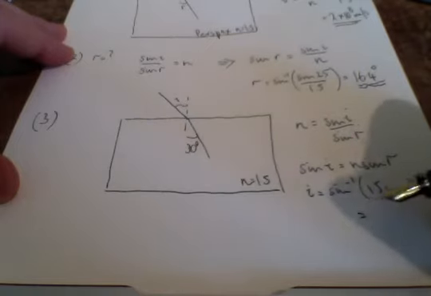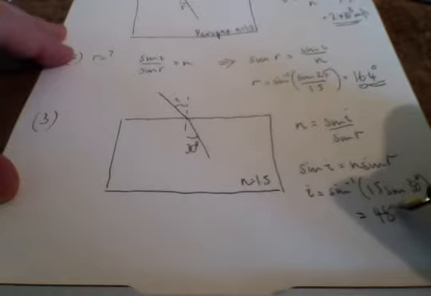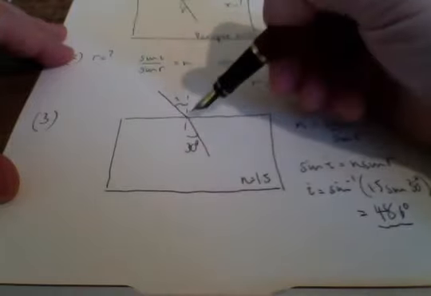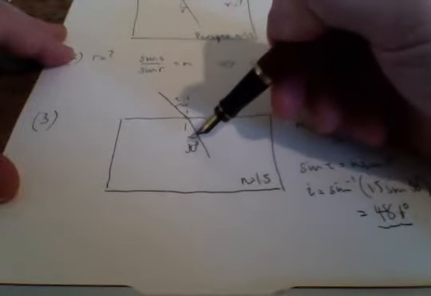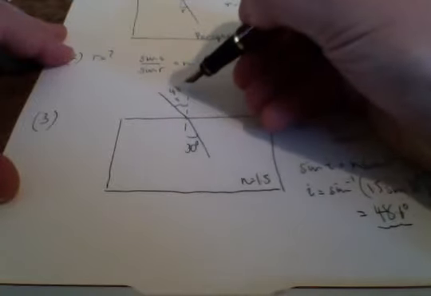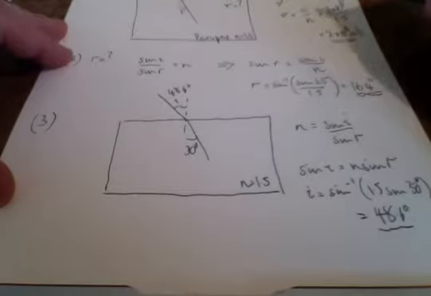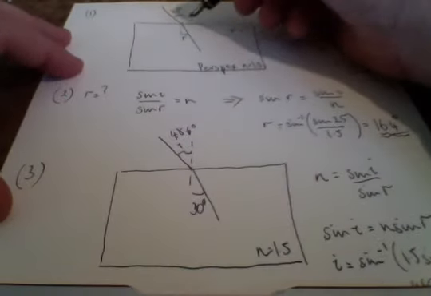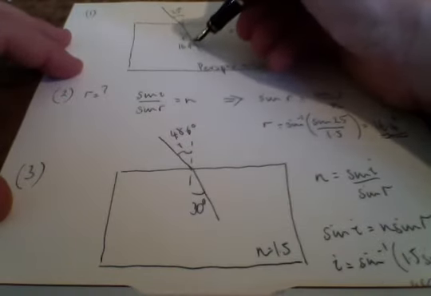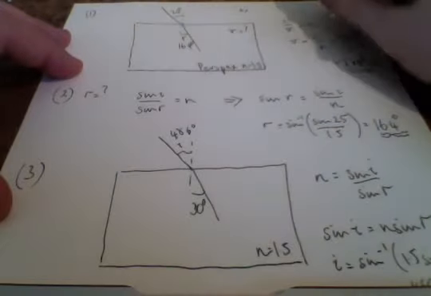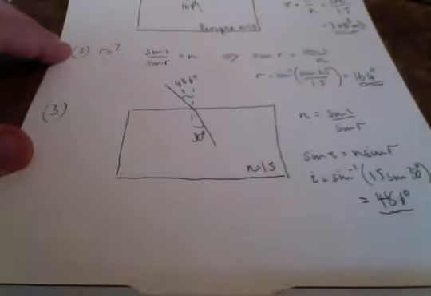And that gives us an angle of 48.6 degrees, which makes sense because obviously it's bent towards the normal. This has to be smaller than the incident. Similarly up here, if it's 25 and it's bent towards the normal, this came out to be 16.4 degrees. So it should intuitively make sense to you that it's bent towards the normal.